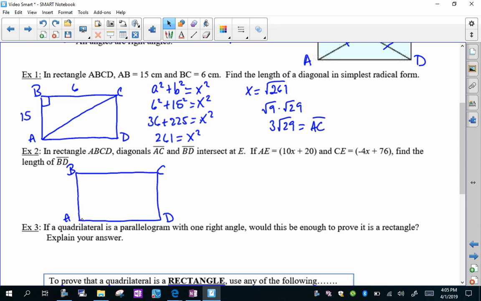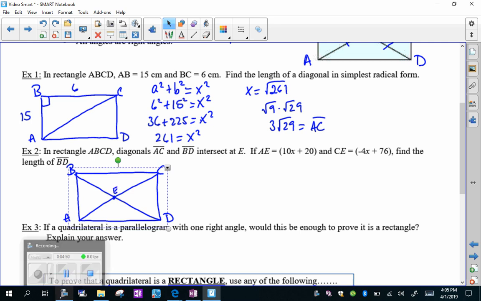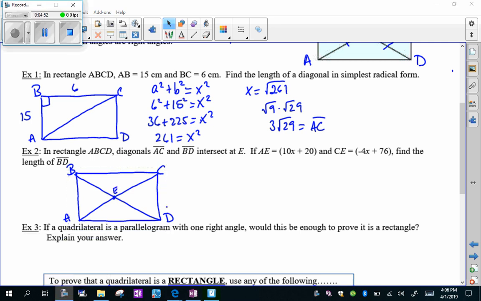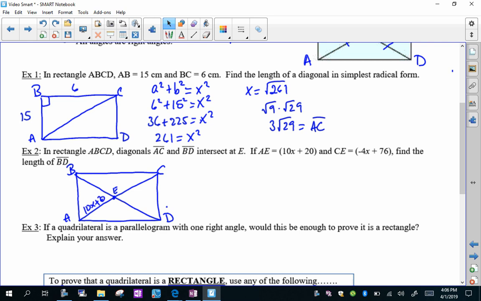I have to make sure that I have an AC and a BD when you're drawing that. Okay, they intersect at E. So let's fill in what we have. We have AE is 10x plus 20, and then we have CE is negative 4x plus 76.